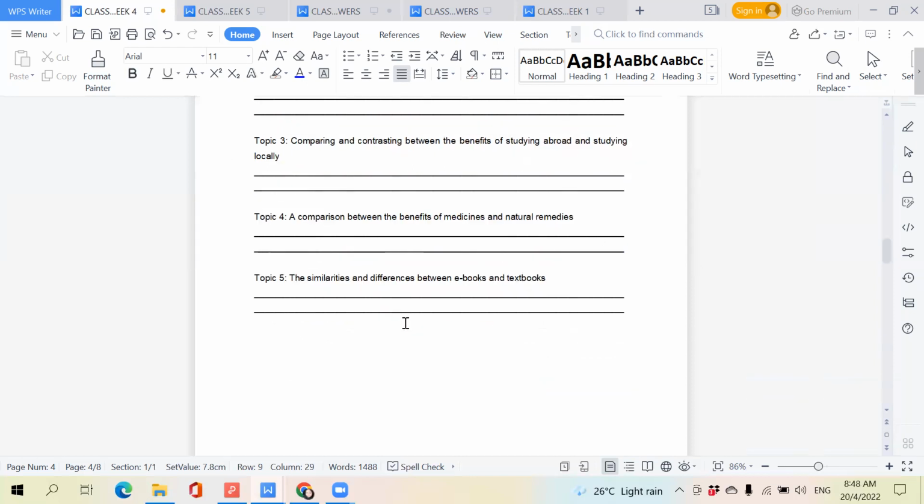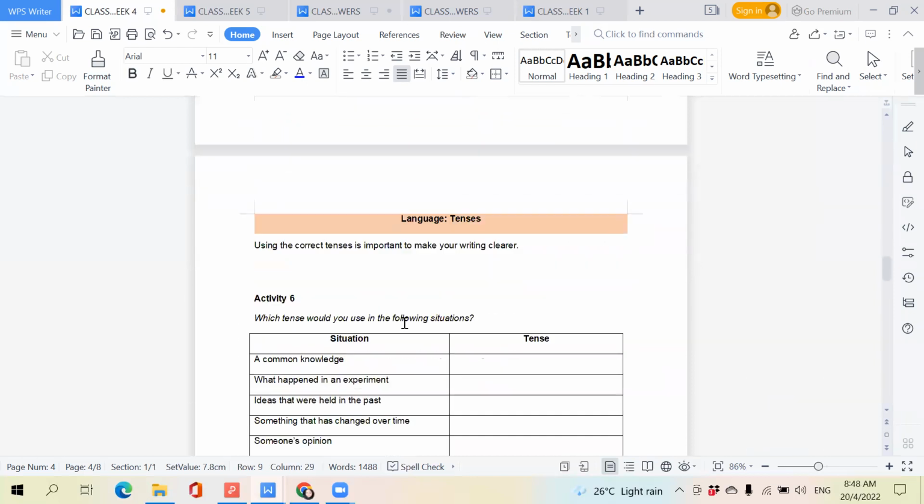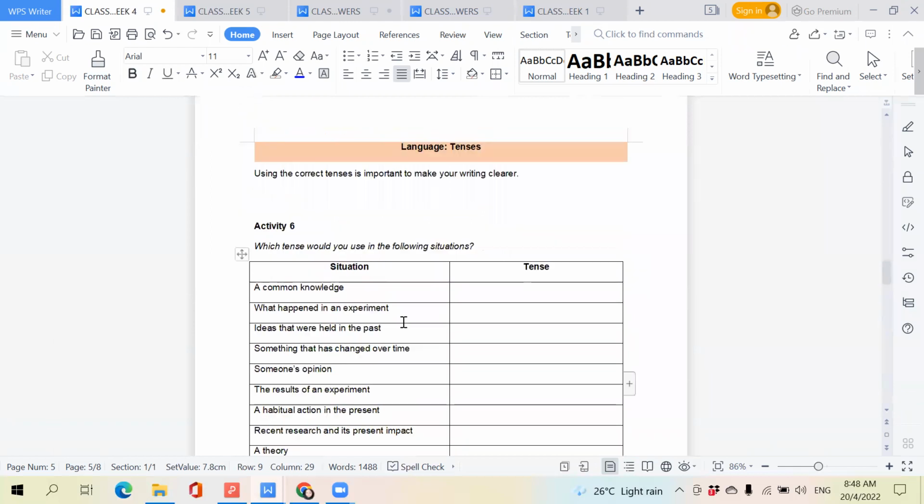Before we get to that, now let's talk about the next subtopic, which is under language. The first component that we want to look at is the tenses in English. In most of the other languages, not all, especially like Malay, we don't have any tenses.